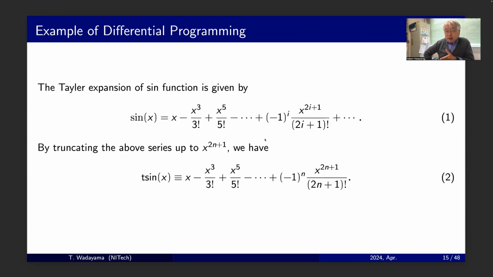By truncating this series, we have the truncated sine function defined in equation 2. The t sine of x is the truncated version of the sine function. So we can consider it as an approximation of the sine function.